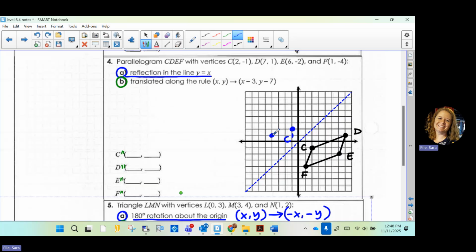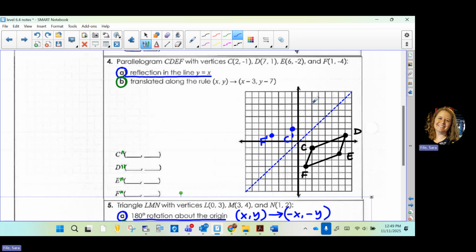Okay, and remember, I also showed you on the front, really, once you have one of these points, you can kind of look at the distance between the points and do that distance here in your reflection. That's probably better for translations because reflections, you have to think about the opposite direction. But let's see, D looks like it's 1, 2, 3.